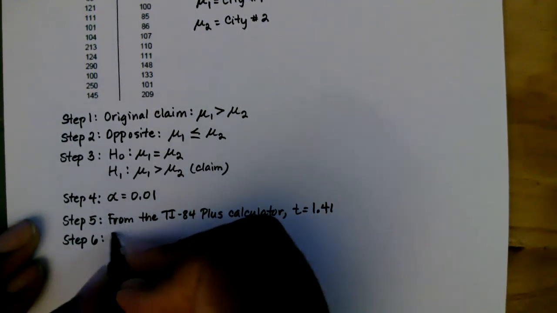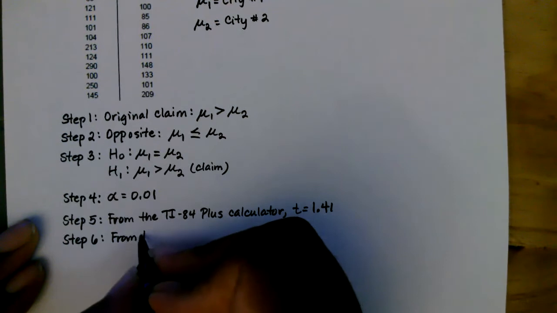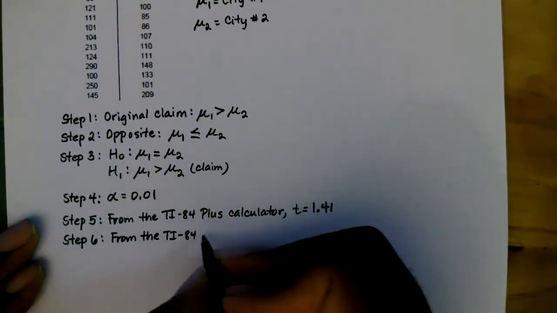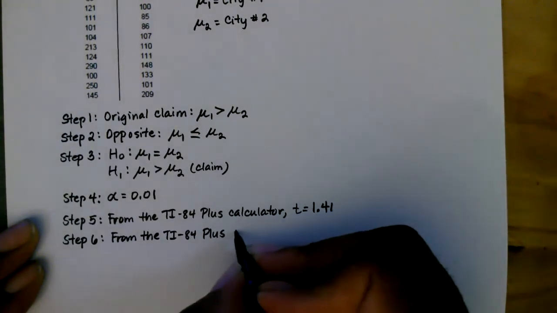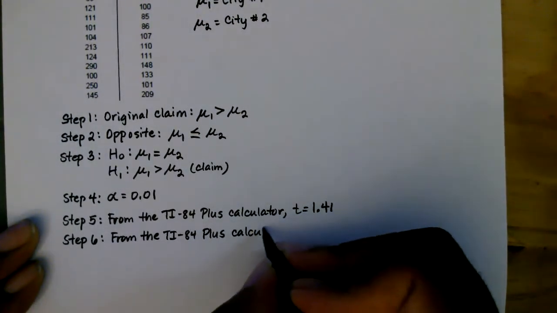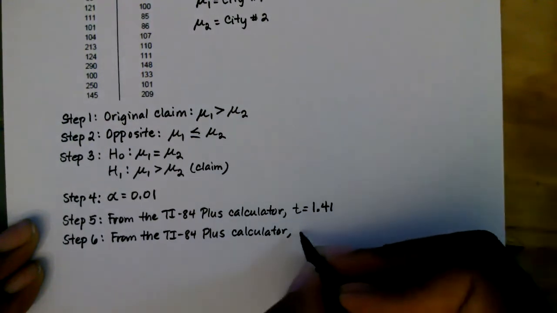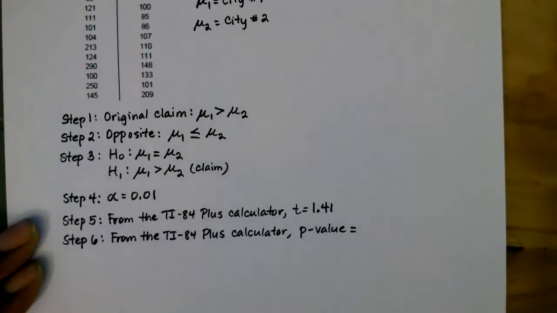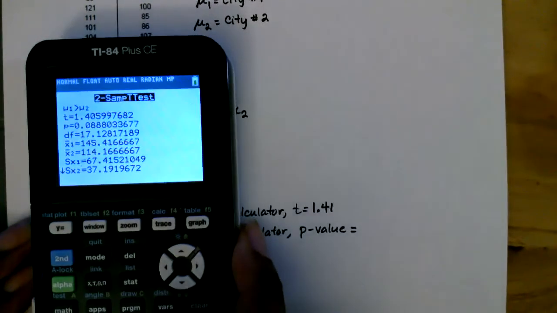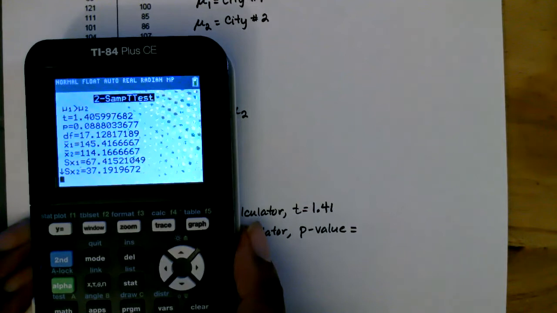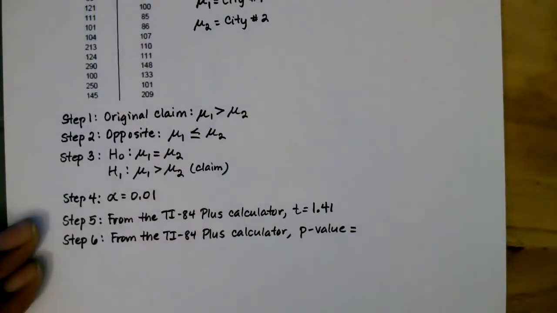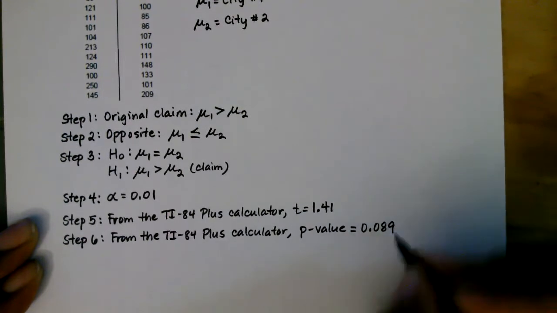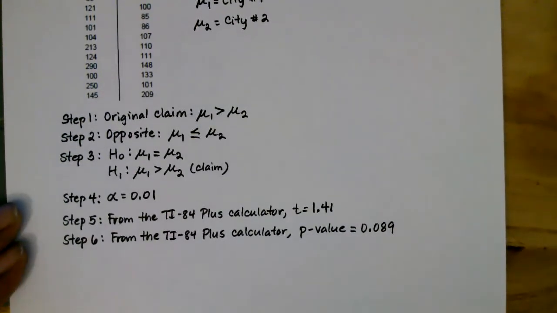And step number 6 is the p-value, also from the TI 84 plus calculator. I'll just say here p-value, and we're going to round this to 3 decimal places. This will be 0.089. Okay, that's the p-value.